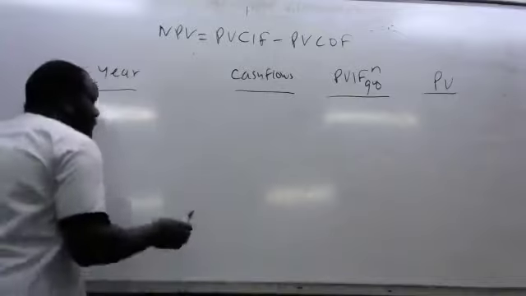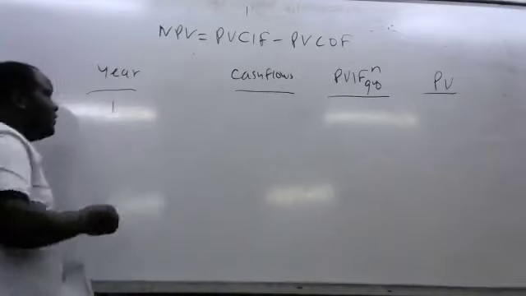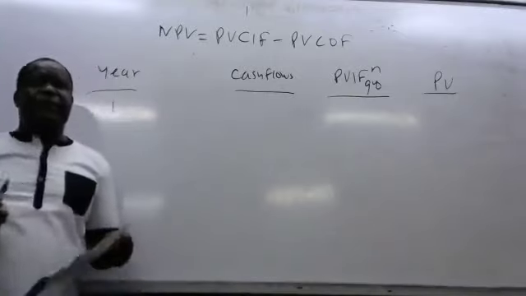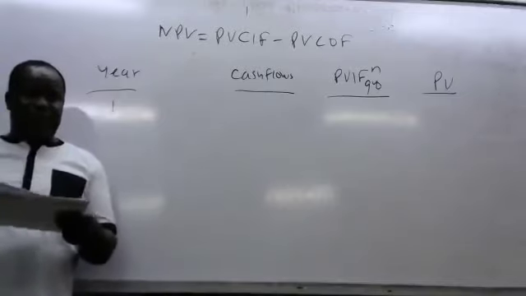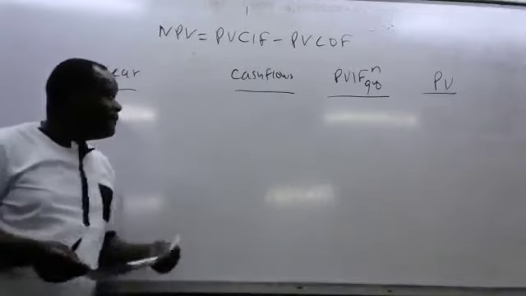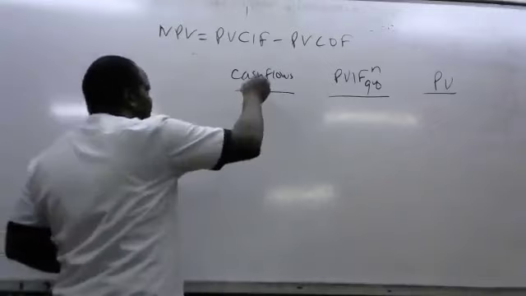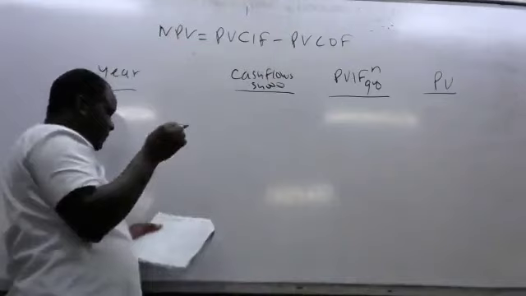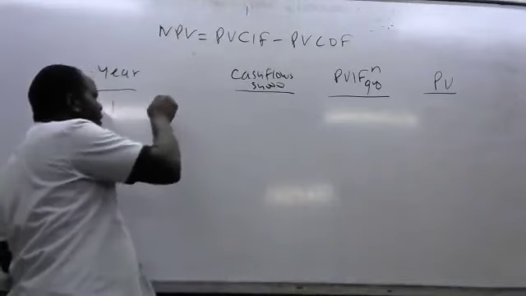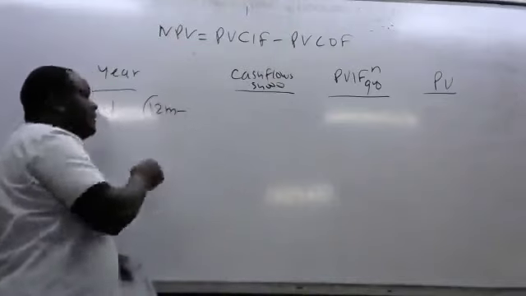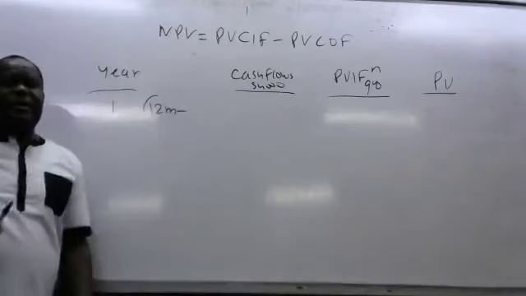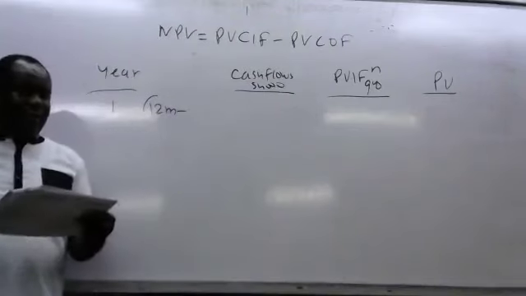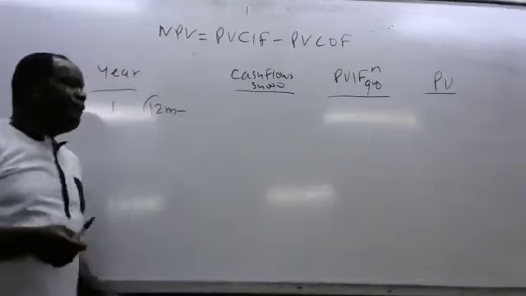So we start off with year one. You can see the savings was how much? In year one, I'm going to prepare savings of how much? You take the 12 million for the savings, you subtract the running cost. The running cost you are given is 4 million.